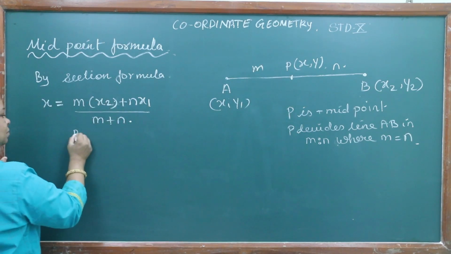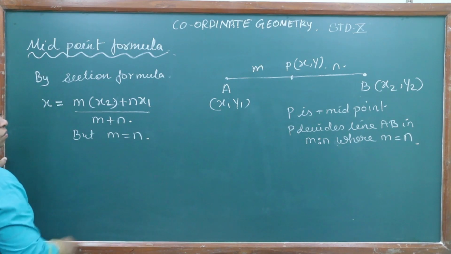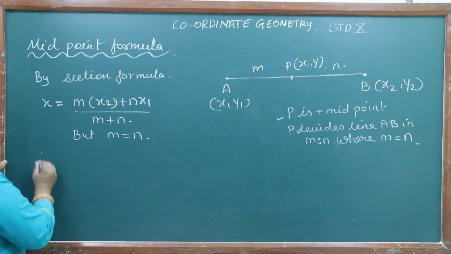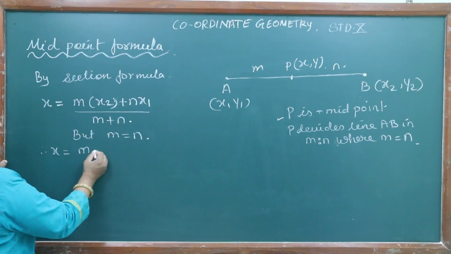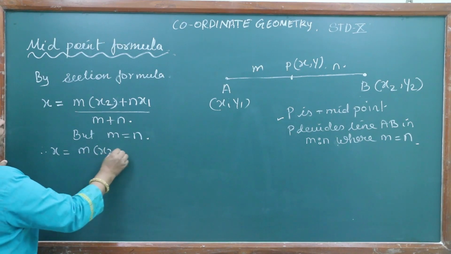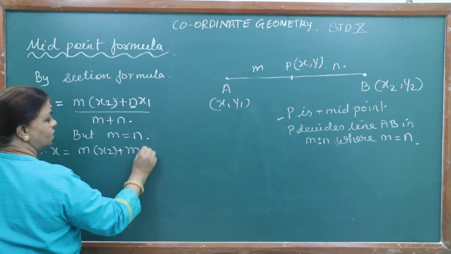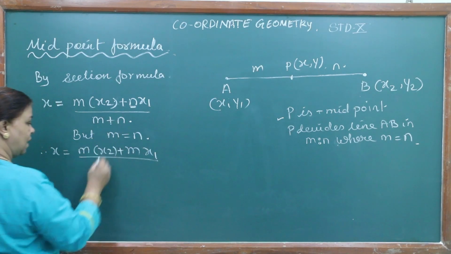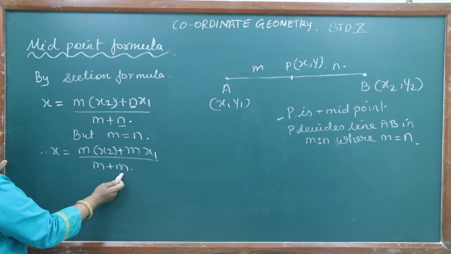But m is equal to n. Why? P is the midpoint. And therefore we can write x is equal to mx2 plus, in place of n we can write m again, x1 because both are equal, upon m plus m.